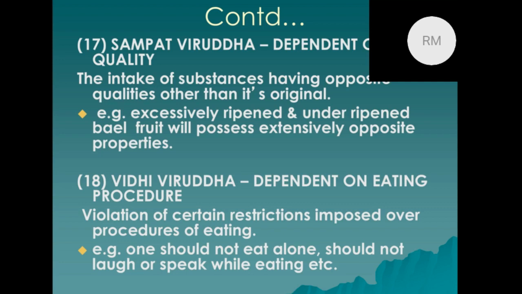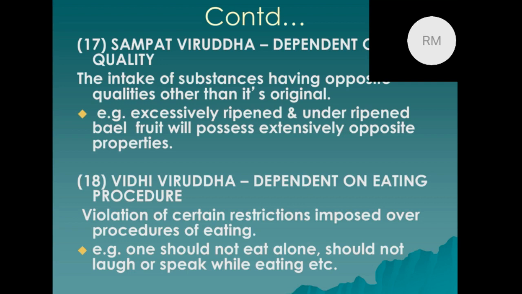For example, unripe grapes which are sour can cause acidity, whereas fully ripened sweet grapes can pacify acidity. So these are very important points to be considered when eating food articles.